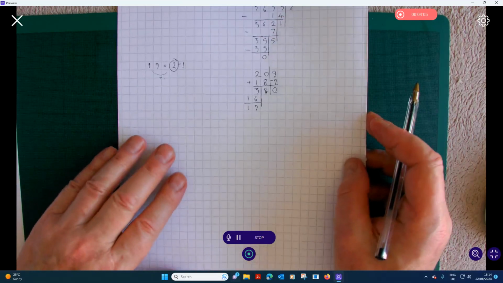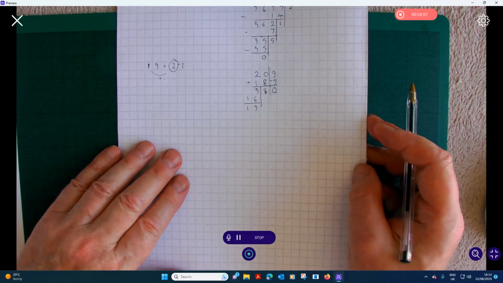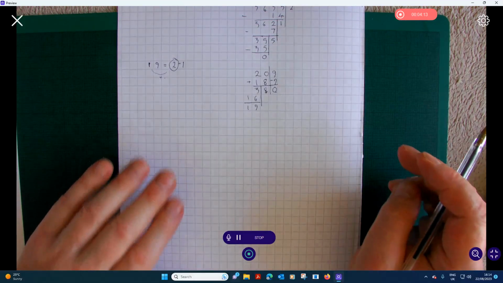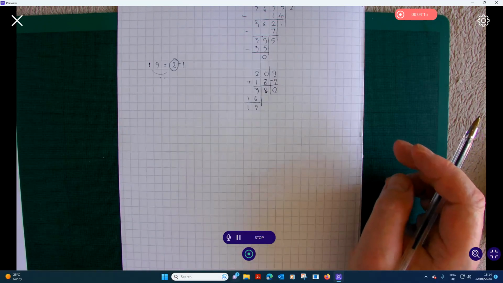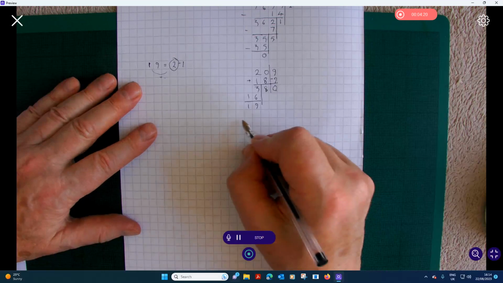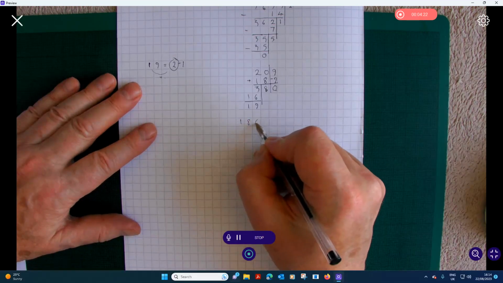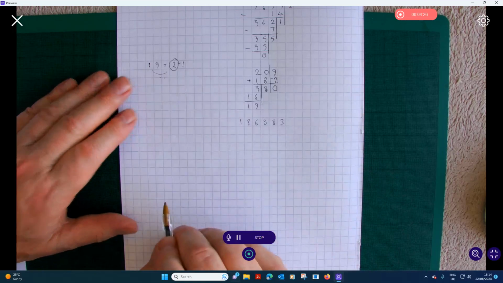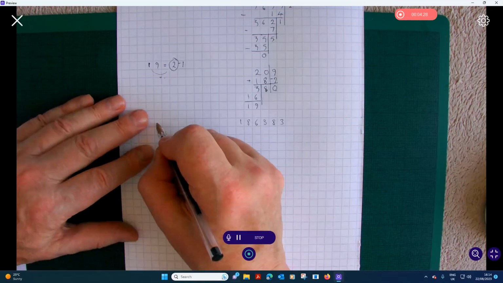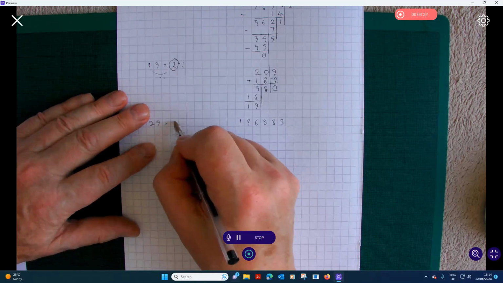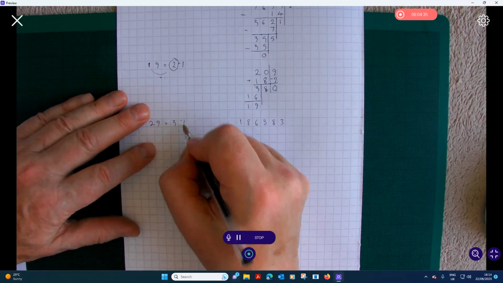Now let's have a look at another number. Let's have a look at 186,383. And let's ask ourselves whether that can be divided by 29. Now that can be written as 30 take away 1.